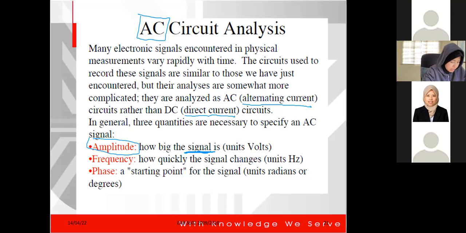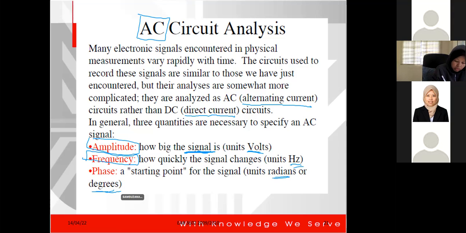Dan berapa besar the amplitude of the signal adalah dalam bentuk unit volt lah. Okay, and then we need to know the frequency. The frequency means how quickly the signal changes, dalam unit hertz. Okay, phase is the starting point for the signal and the units are radians or degrees.